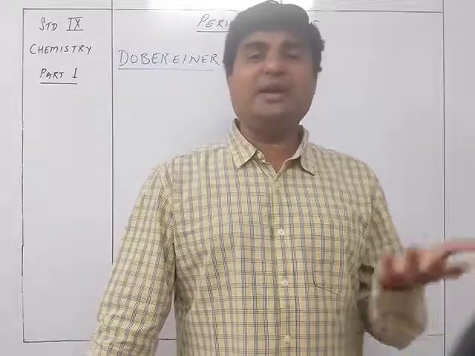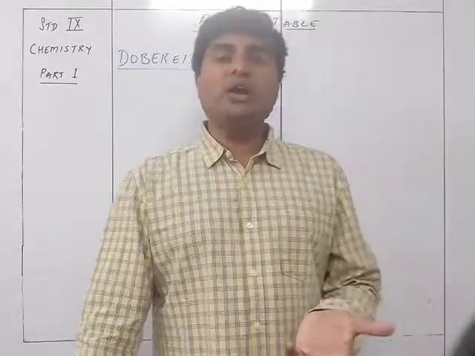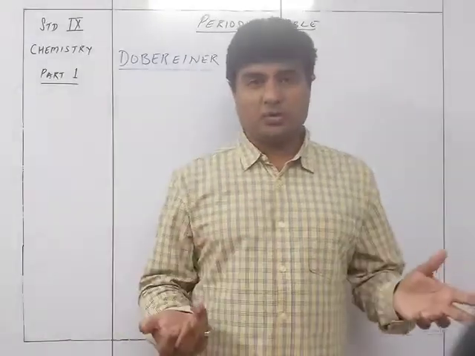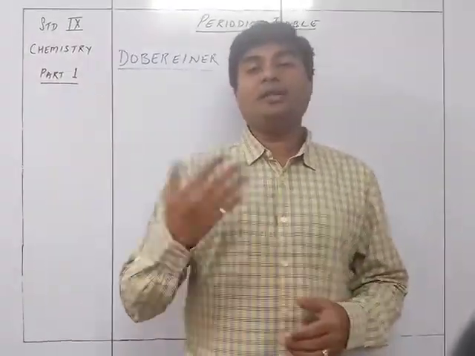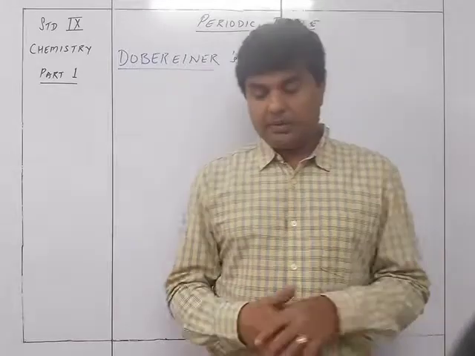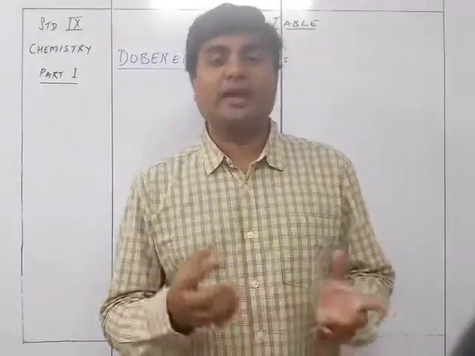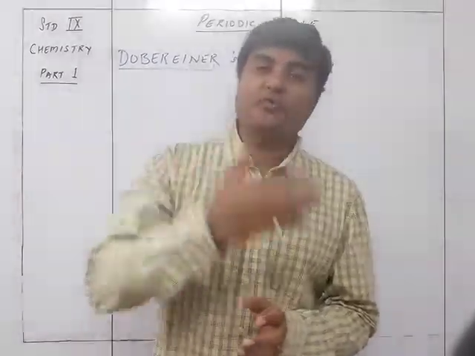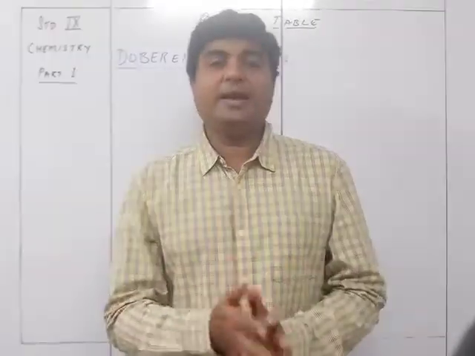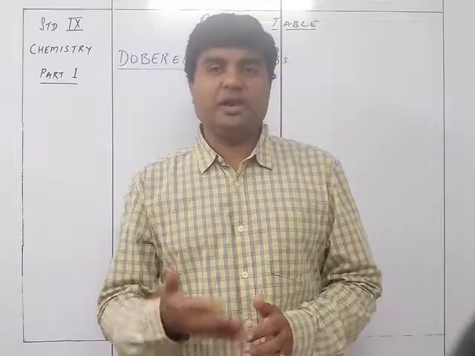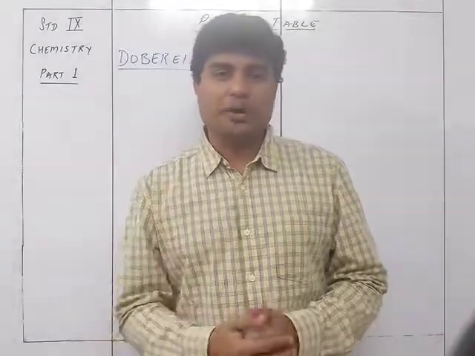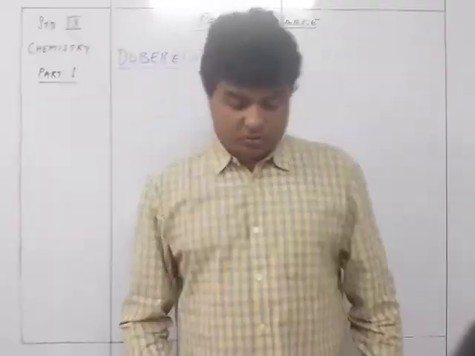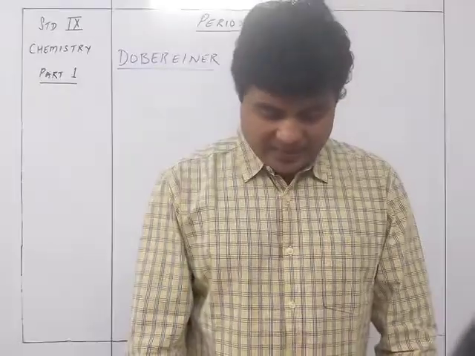So they did not know how the atoms react with each other, or about the electrons and protons. Only after the discovery of the electrons and protons did it come into existence that yes, there are electrons, valency, and electronic configuration, and hence the atomic number came into picture, and it was the atomic number which brought about the drastic change in the way we see the periodic table. So that was done by Moseley in 1912.